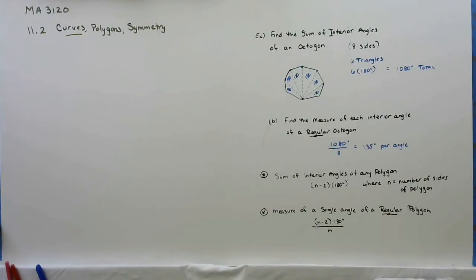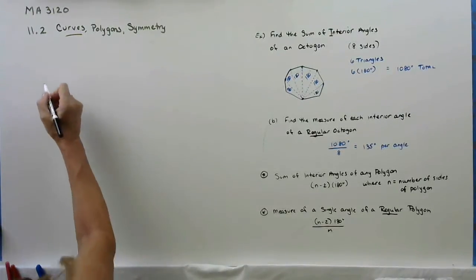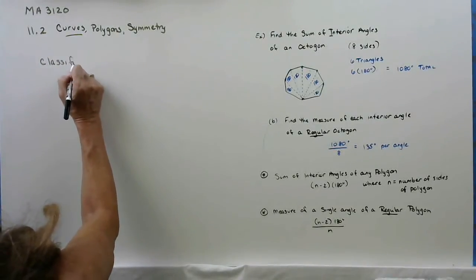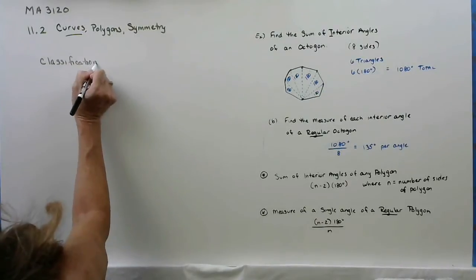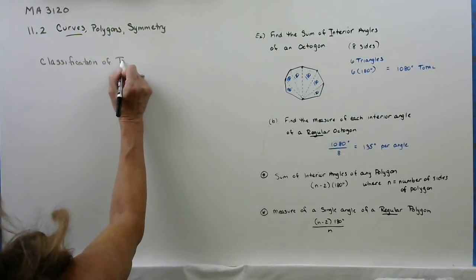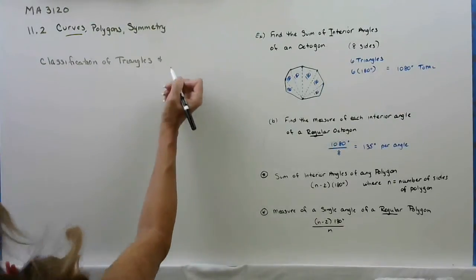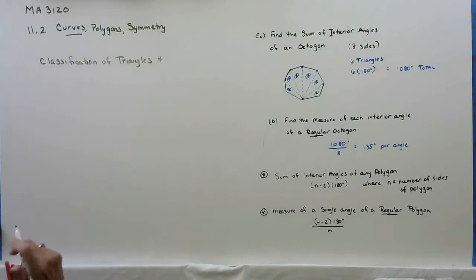Actually, there's a great chart. You know what? We'll do it this way. I could write down this exact same chart, but what I recommend you do is look at the classification of triangles and quadrilaterals.